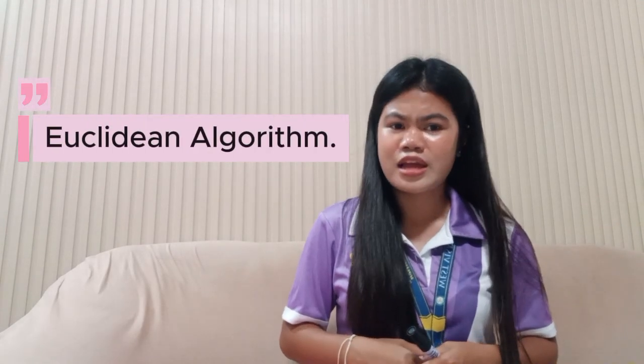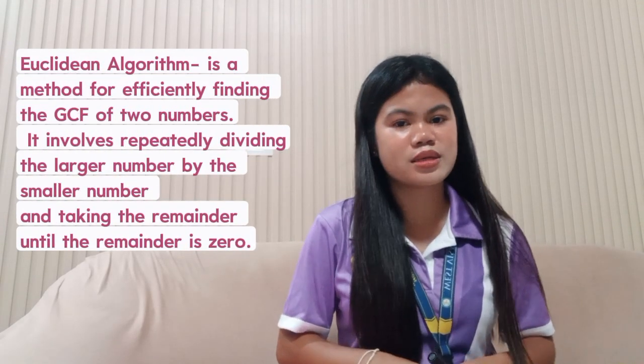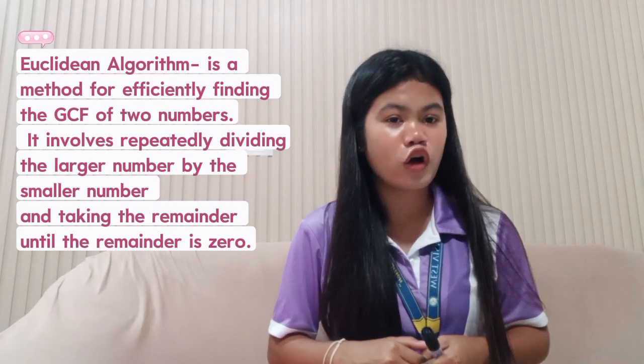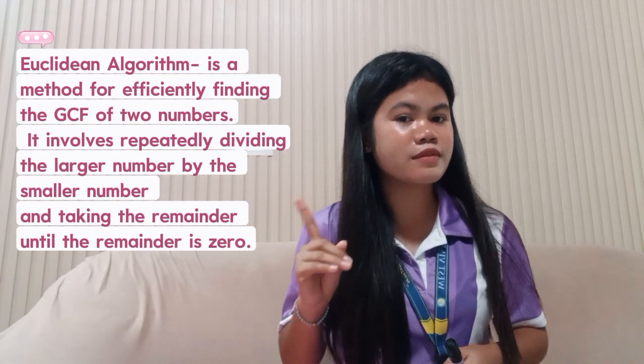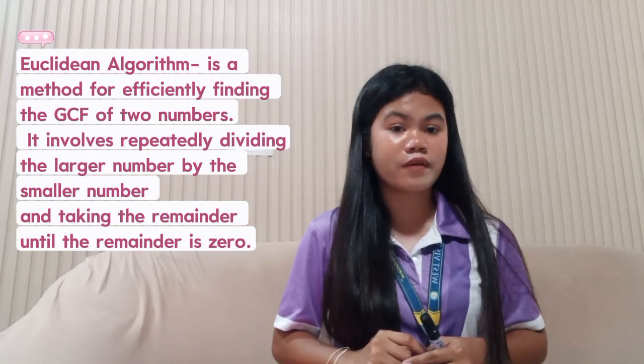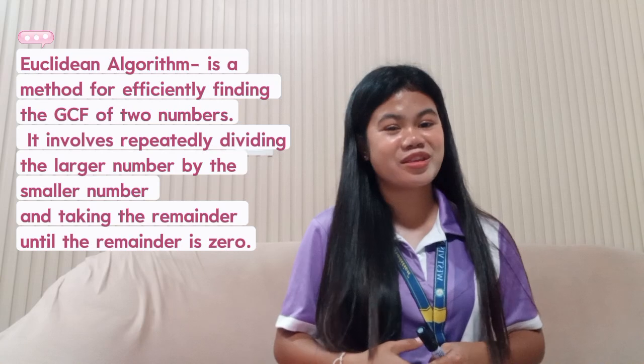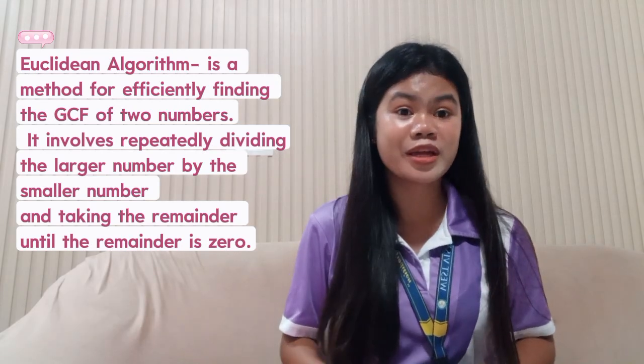So, third is the fastest method, the Euclidean algorithm. The Euclidean algorithm is a method for efficiently finding the GCF of two numbers. It involves repeatedly dividing the larger number by the smaller number and taking the remainder until the remainder is 0.